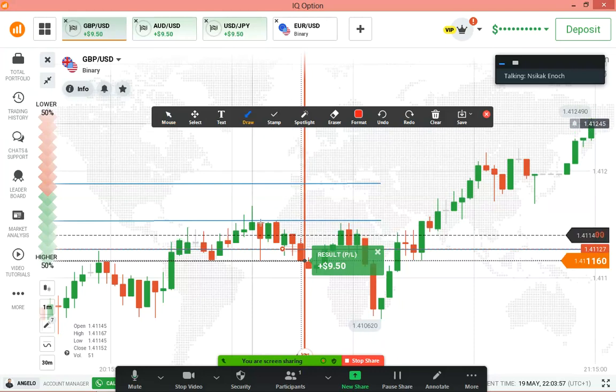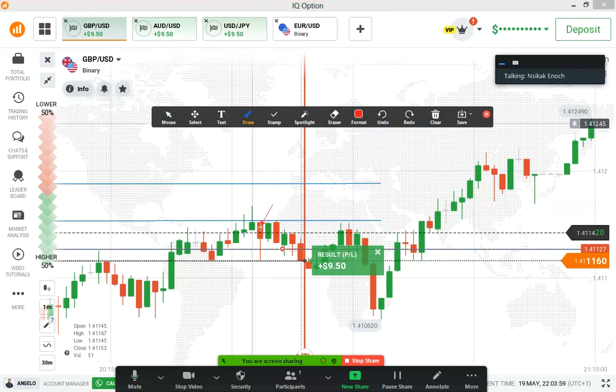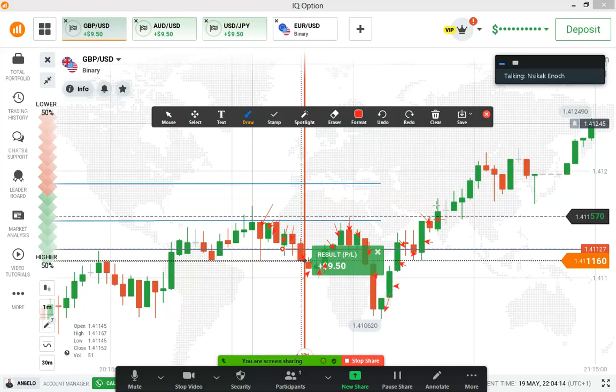So let's count how many candles can form: 1, 2, 3, up to 30.